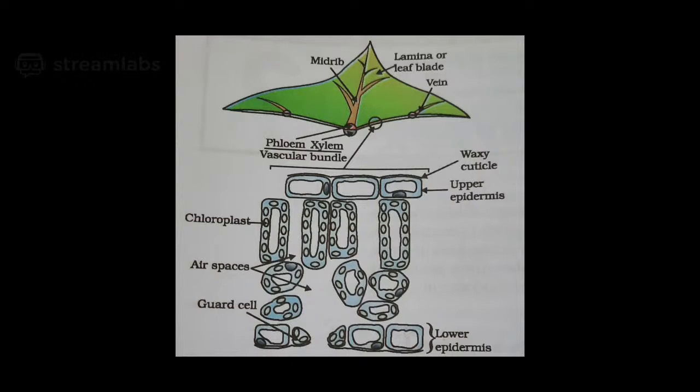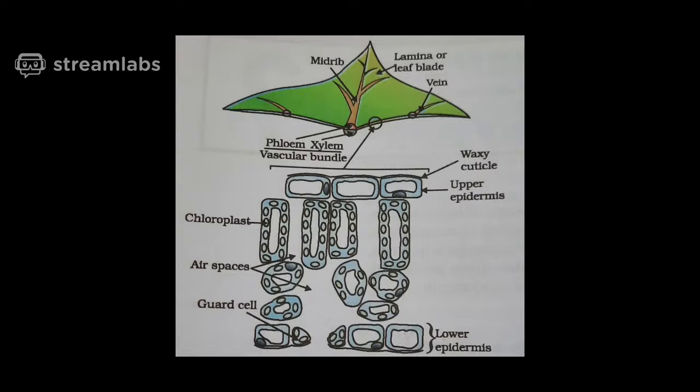When you see the section of the leaf, you find these parts. Which are the parts? If you observe clearly at the upper region, you can see the midrib and leaf lamina.